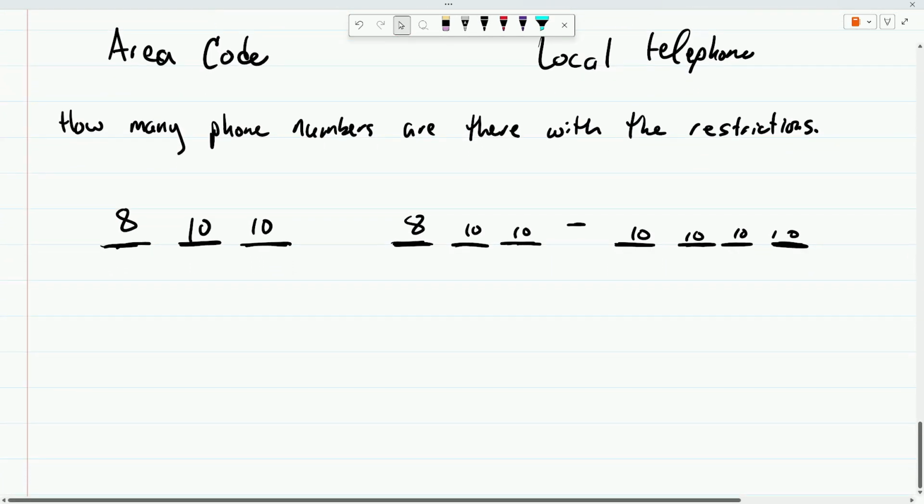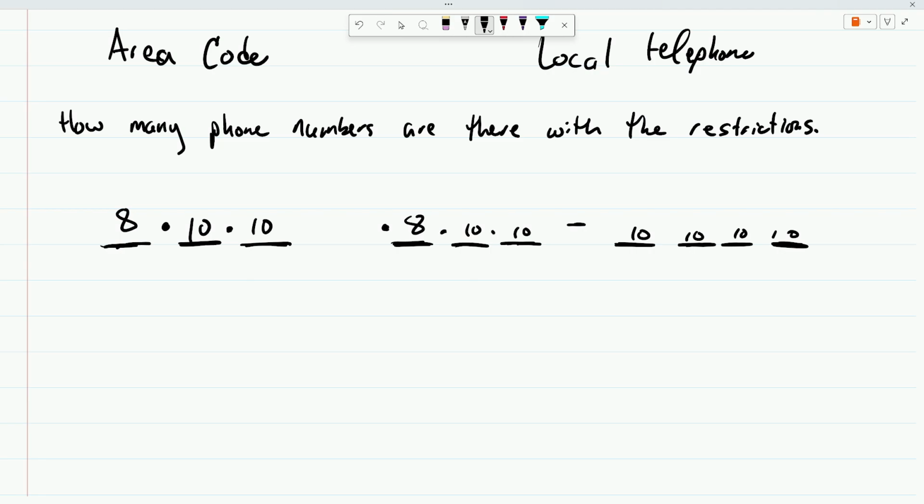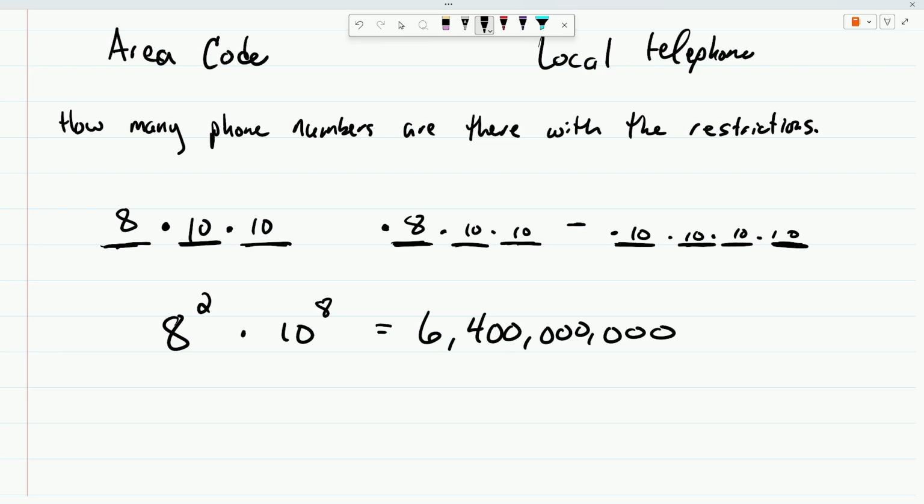So all we have to do here is multiply 8 times 10 times 10 times 8 times 10 times 10 times 10 times 10 times 10 times 10. Another way to think about this would be 8 to the second times 10 to the 8th, and that would be a total of 6,400,000,000 telephone numbers.